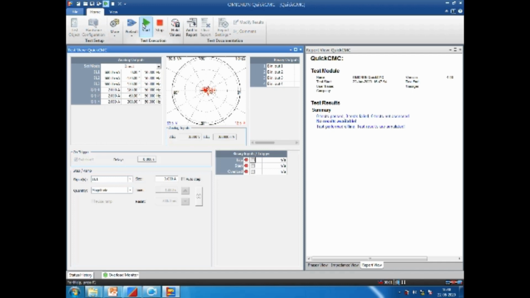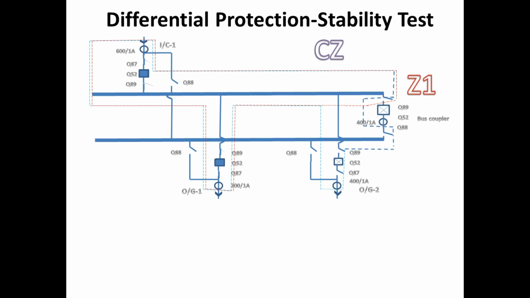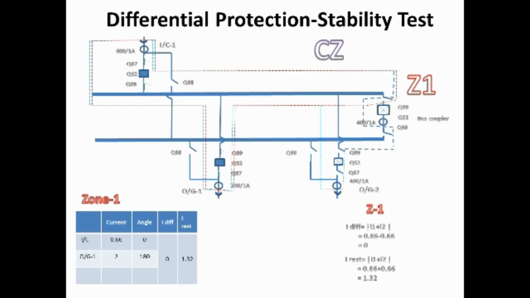The matching factor is very important for secondary testing, because when you inject from the testing kit you must know the exact matching factor value, so that you can inject from the kit. When you multiply 2 by 0.33 you get 0.66, because outgoing 1 matching factor is 0.33.